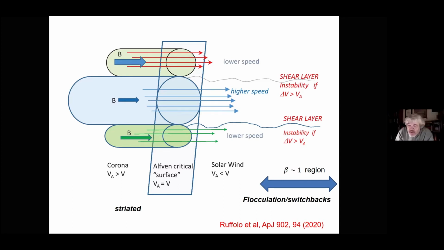I absolutely agree with you, Abhishek. That's one of the reasons why we think the model we're talking about is more viable, because if you reconnect near the solar surface, almost certainly something is going to happen to destroy the pattern of the switchback.